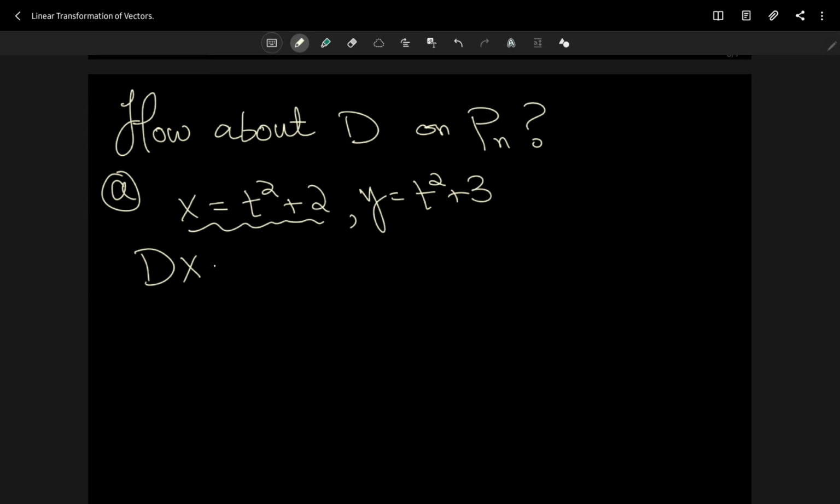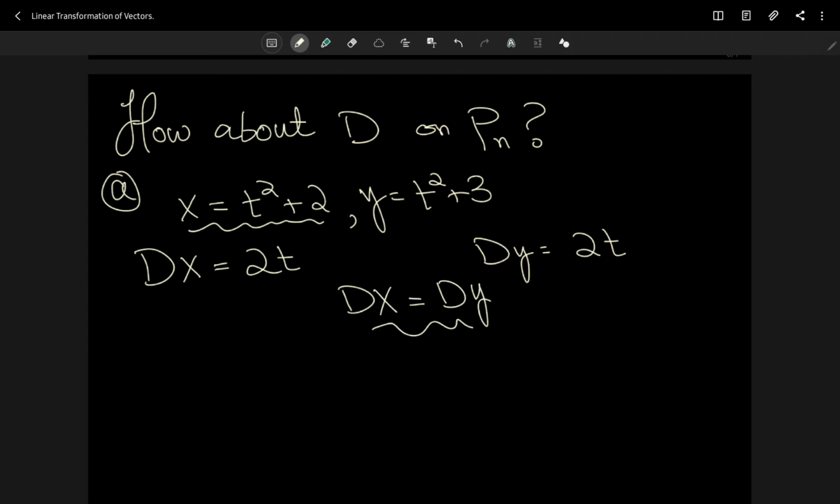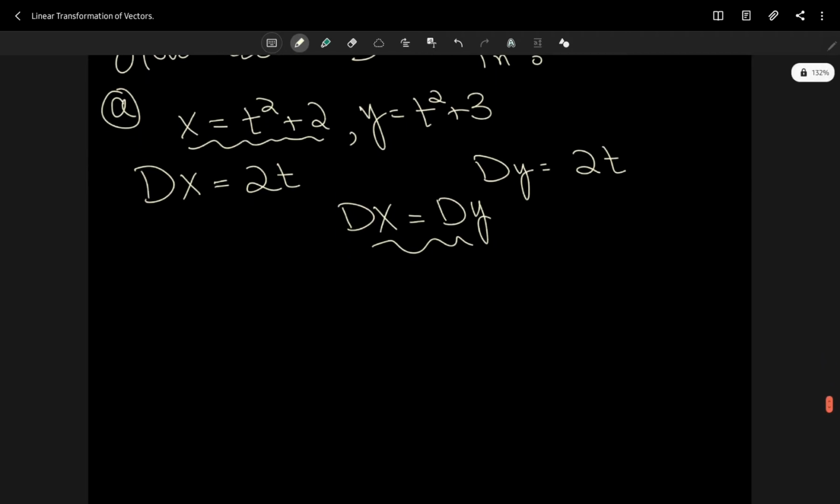Of course you should know this, it's simply 2t, right? And if I were to take the same thing for Dy, that is 2t. And so in this case Dx is the same as Dy, right?